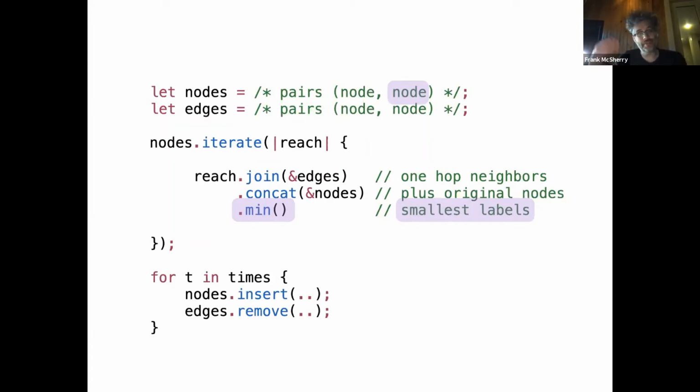Maybe you start it with the node's own name, for example. And rather than just see who you can reach throughout the graph, we instead propagate the names of nodes. In particular, every node repeatedly propagates the smallest named node that it's seen so far, the node of the smallest label. This is a classical algorithm for computing the connected components, weakly connected components of an undirected graph.